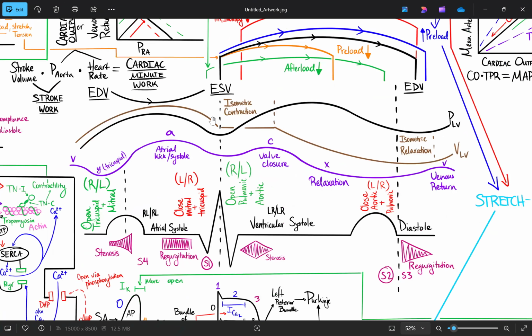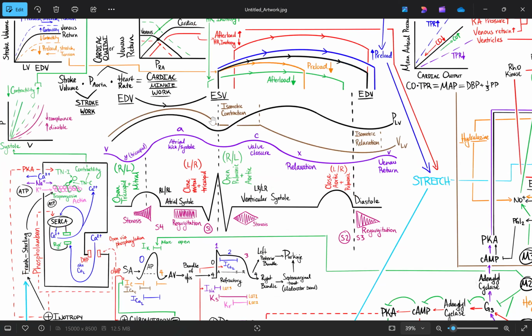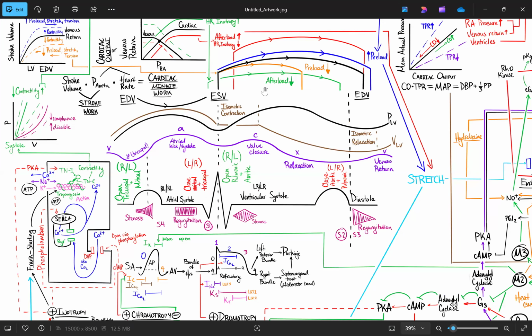You have your isometric relaxation when your aortic valve should close, your left ventricle pressure should start to go down, but if you look at the volume, it stays relatively flat during that relaxation. So nothing really changes in the left ventricle, and then you start your venous return again.